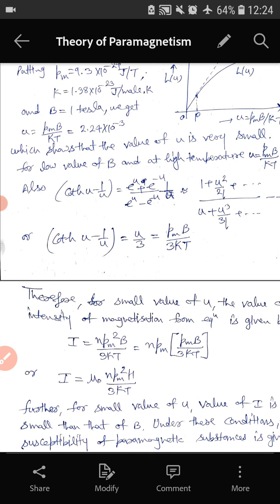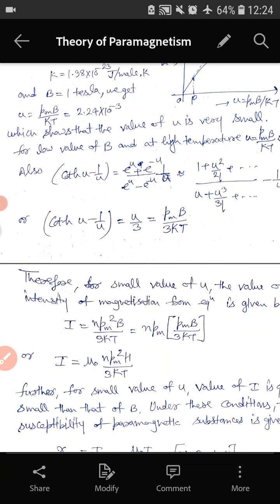Now if we substitute B equal to mu 0 H, then this will become I is equal to mu 0 n pm square H by 3kT. So for the small value of u, I is quite small compared to that of B. Under these conditions, the susceptibility of a paramagnetic substance is given by susceptibility, we know it is I by H, intensity of magnetization by magnetizing field.